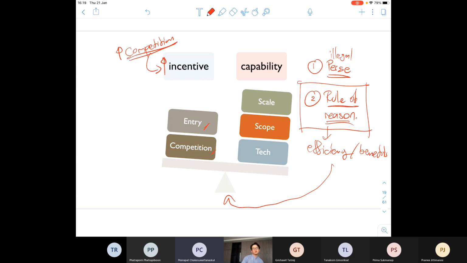That is possible as well, especially in an industry where you can enter the market easily.